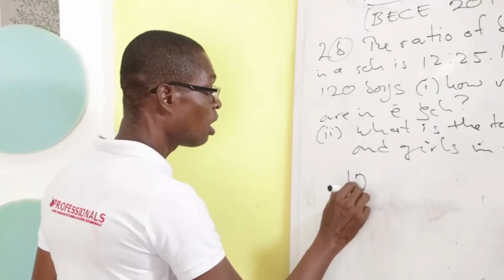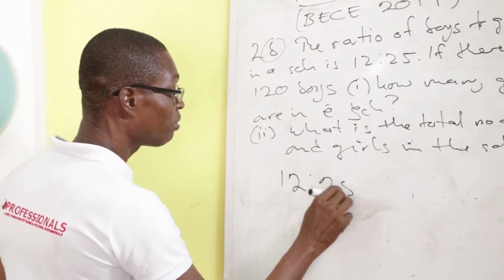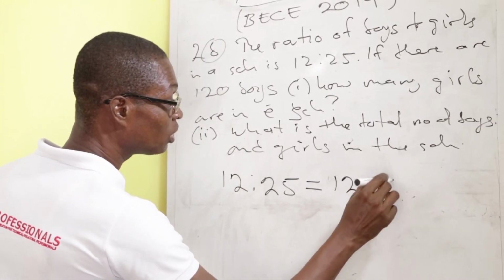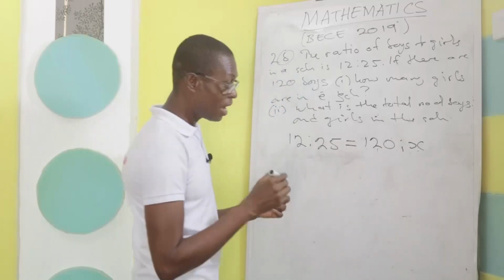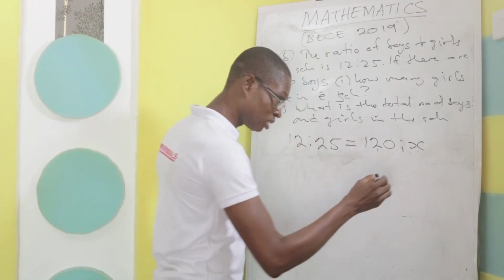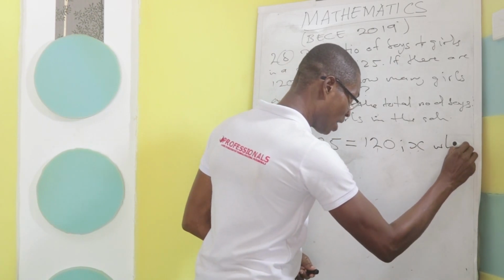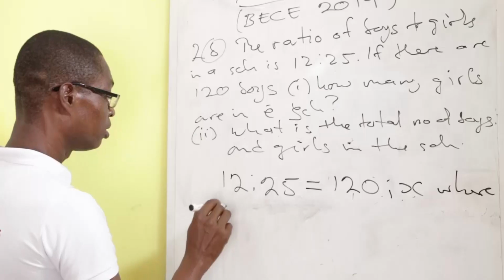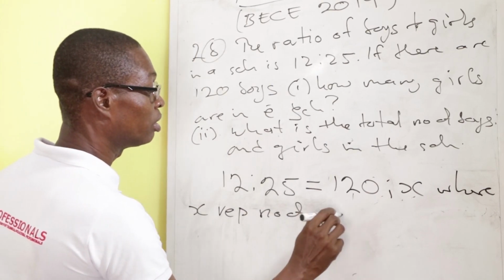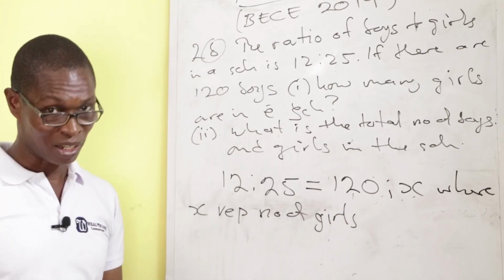So 12:25 is the same as 120 is to X, where X represents the number of girls. You know the number of boys now.